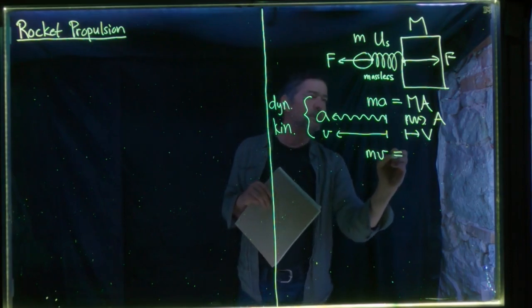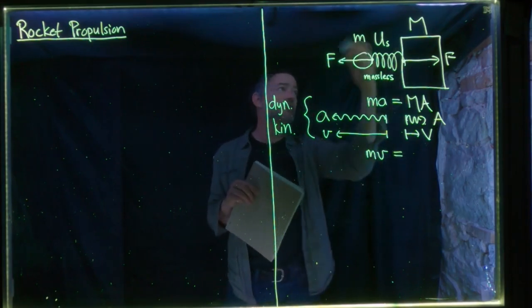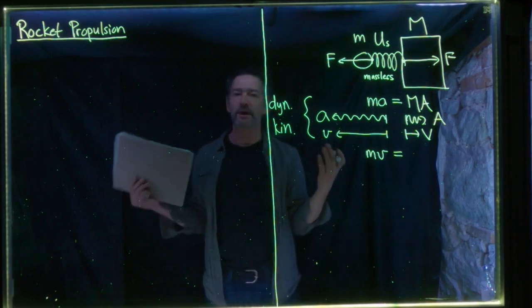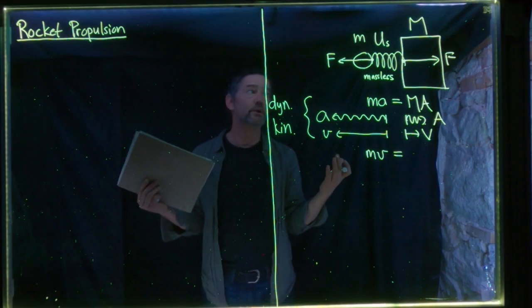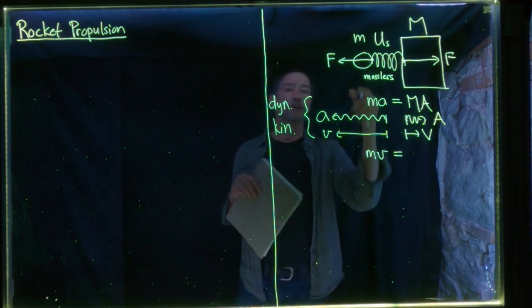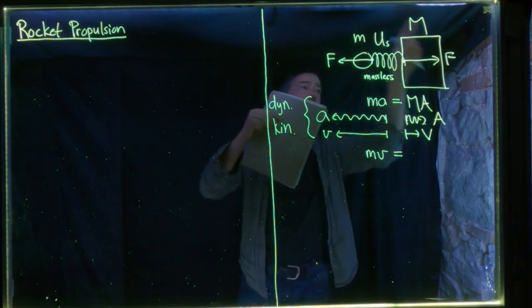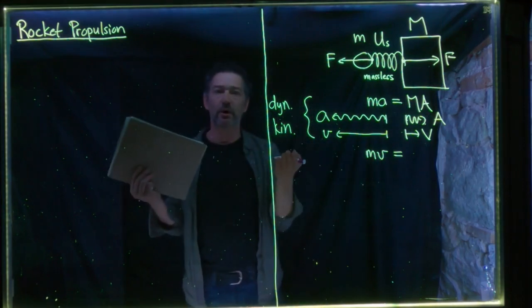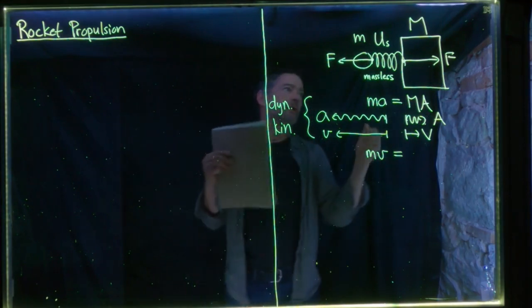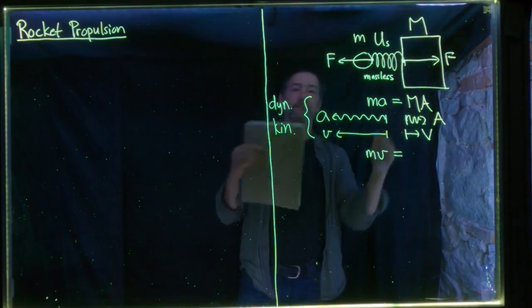At the end of the day, we started off with a system that was at rest. There was no quantity of motion. The total momentum was equal to 0. Afterwards, by momentum conservation, because this is an isolated system, and we'll imagine there's 0 friction between the boat and the water, we know that the total momentum has to stay 0.